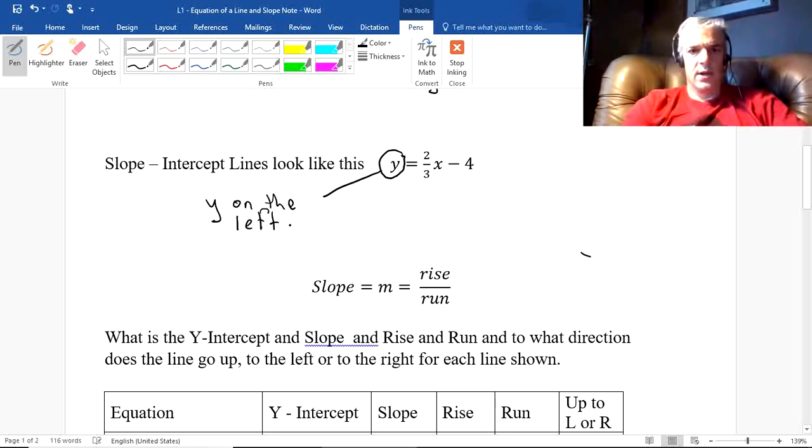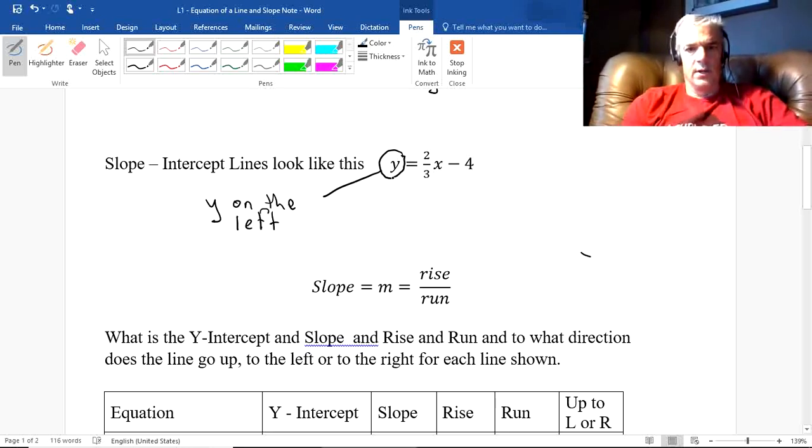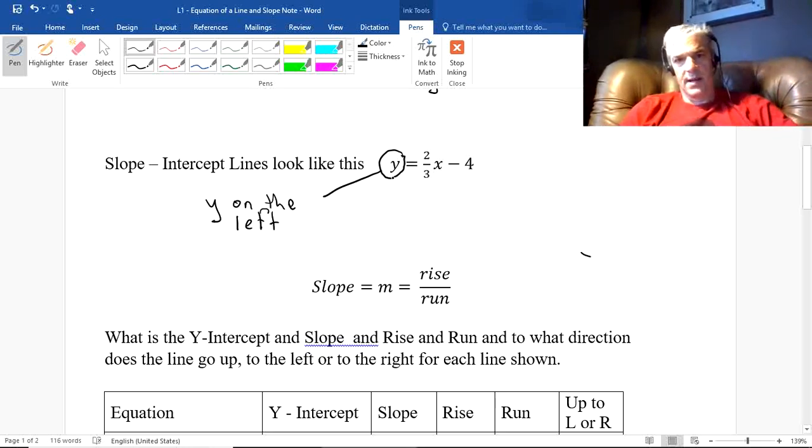There is no number in front of it, never. We always get rid of the number in front of it by dividing everything by that number in front of the y. We'll show you some examples if we're converting from standard form to this slope-intercept form.